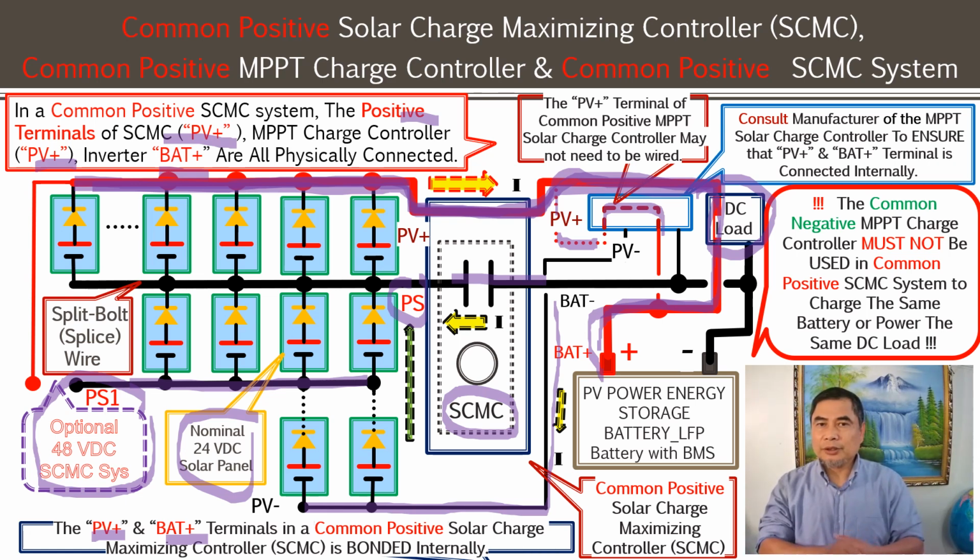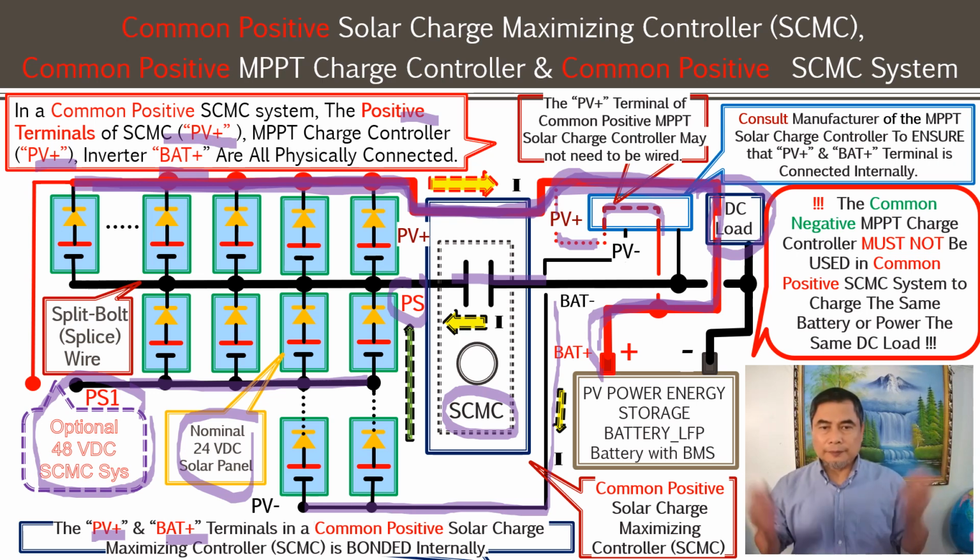We find that some small solar charge controllers are actually common positive designs. Many of the small ones are actually common positive designs. So if you have any question, or you're not sure if it is common positive, let us know. We're happy to find out.